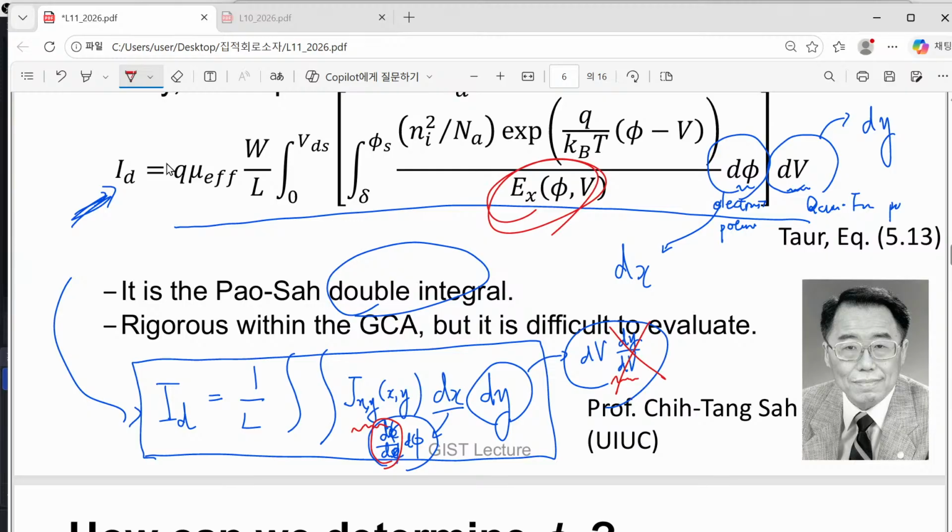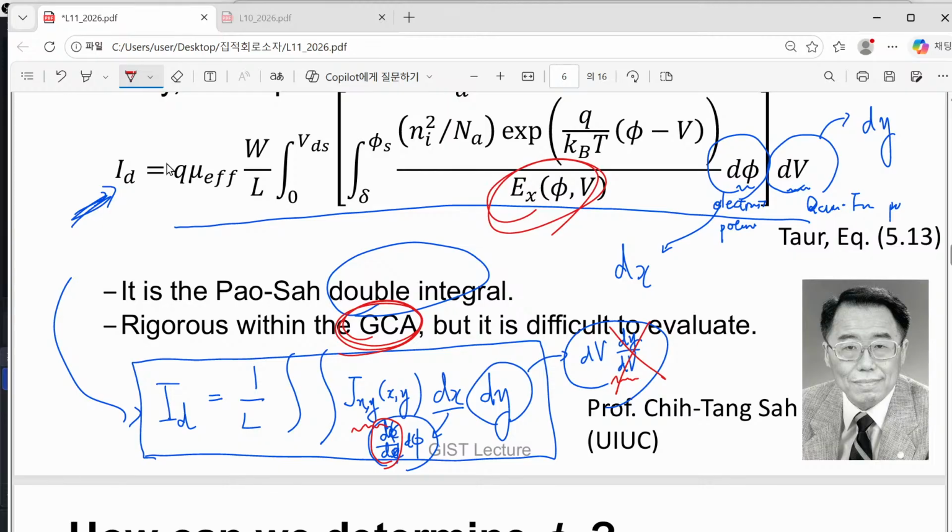Of course, if you ask me whether it is really rigorous without any assumption, then we have to point out that it is within the gradual channel approximation. We assumed that the lateral variation of the electric field is negligible compared to the variation of the vertical electric field.